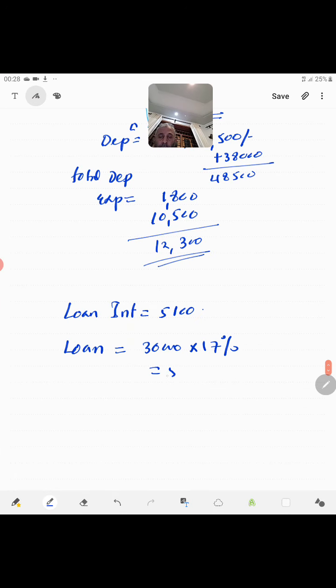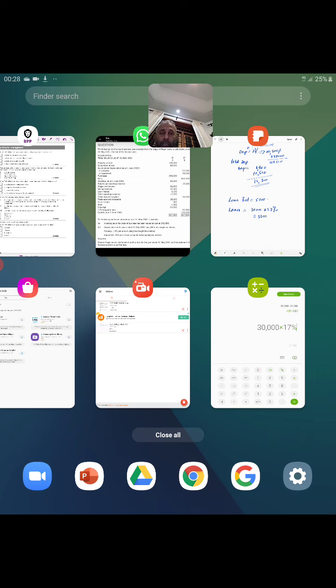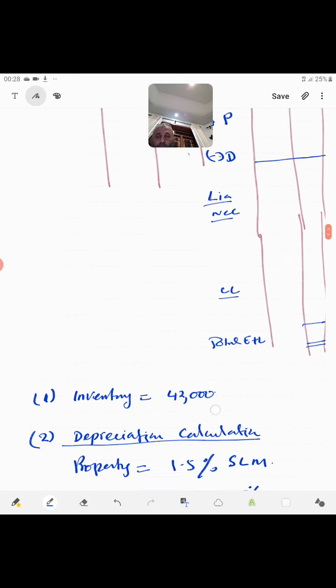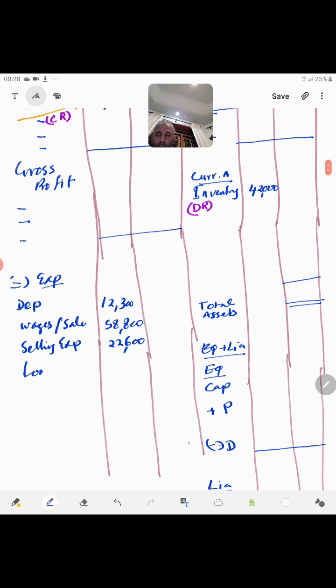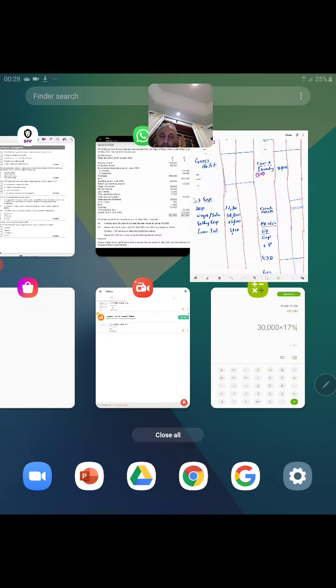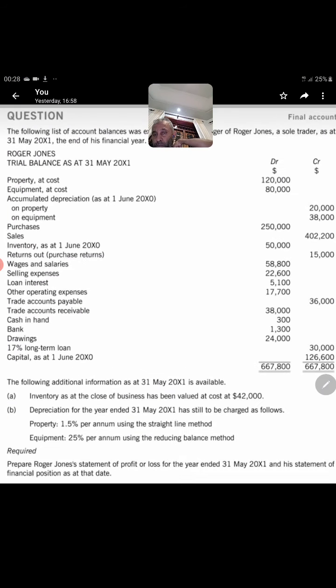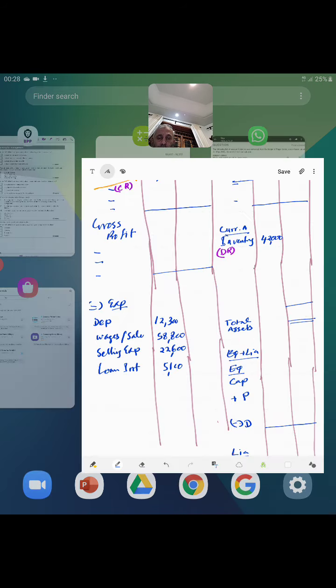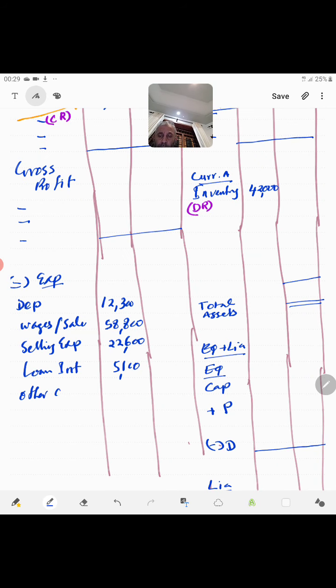In this case, it is a coincidence that the calculation of interest and the amount we paid was the same. Suppose if this is different, then we have to do some additional adjustments. So loan interest 5,100. Next one, other operating expenses 17,700.